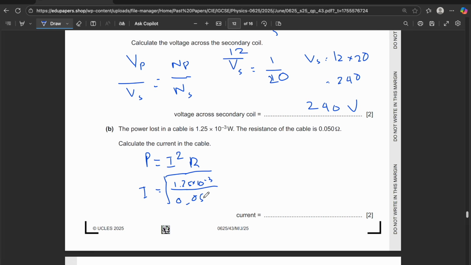So you get 0.15811, and you can take two significant figures, 0.16 amperes.